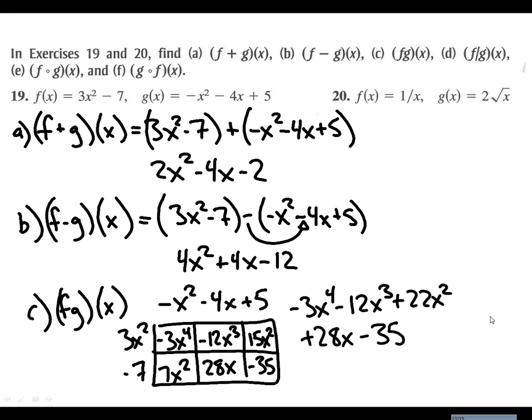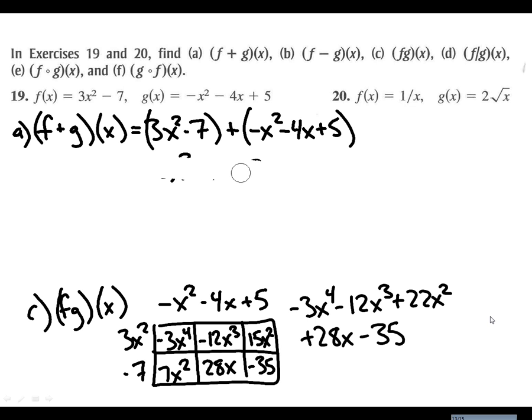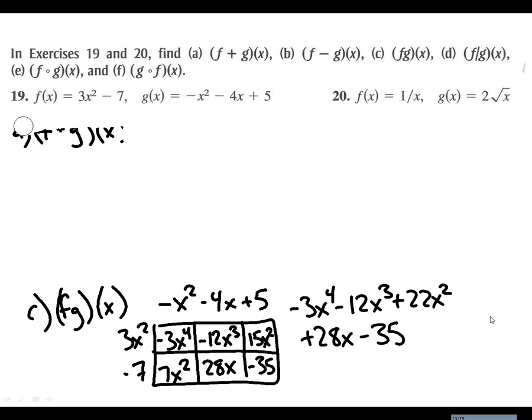And if we move on to D here and divide them, I'm going to have to erase A and B. Then we will have 3x squared minus 7 over negative x squared minus 4x plus 5.